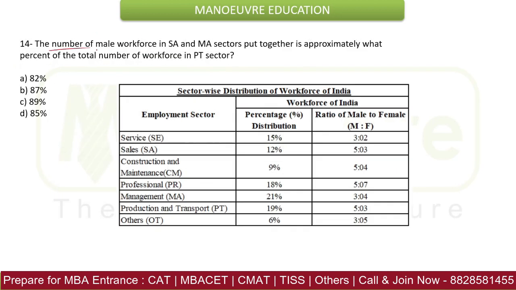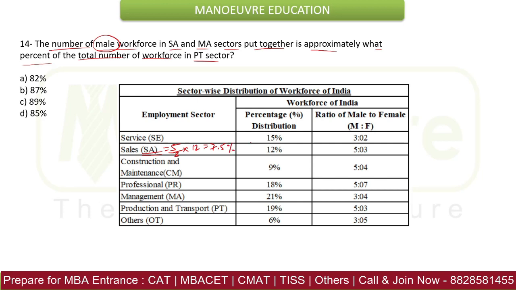The number of male workforce in SA and MA sectors put together is approximately what percent of the total number of workforce in PT sector? Now SA sector is the sales sector, so you have to find the male workforce. In SA sector, the male workforce is 5 by 8 into 12, that will be 7.5%.